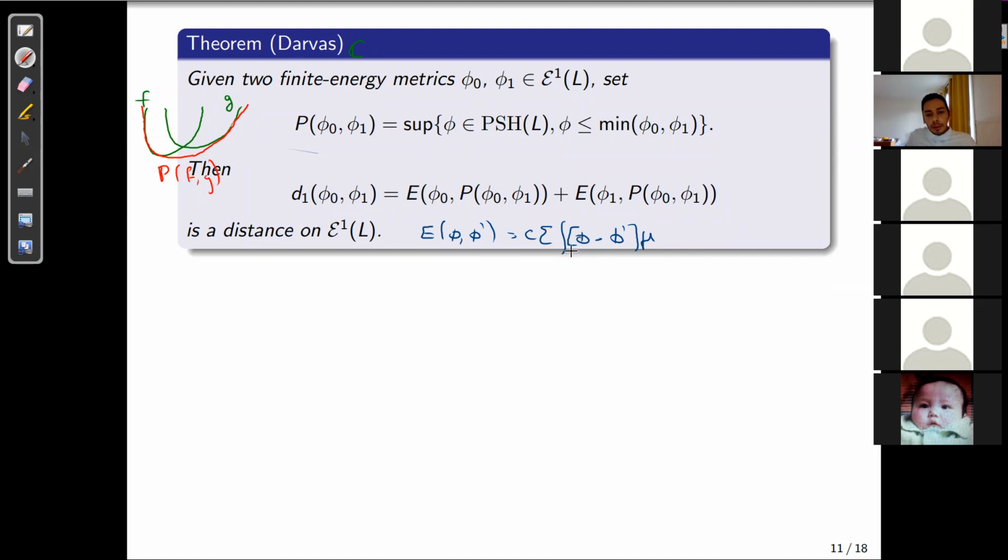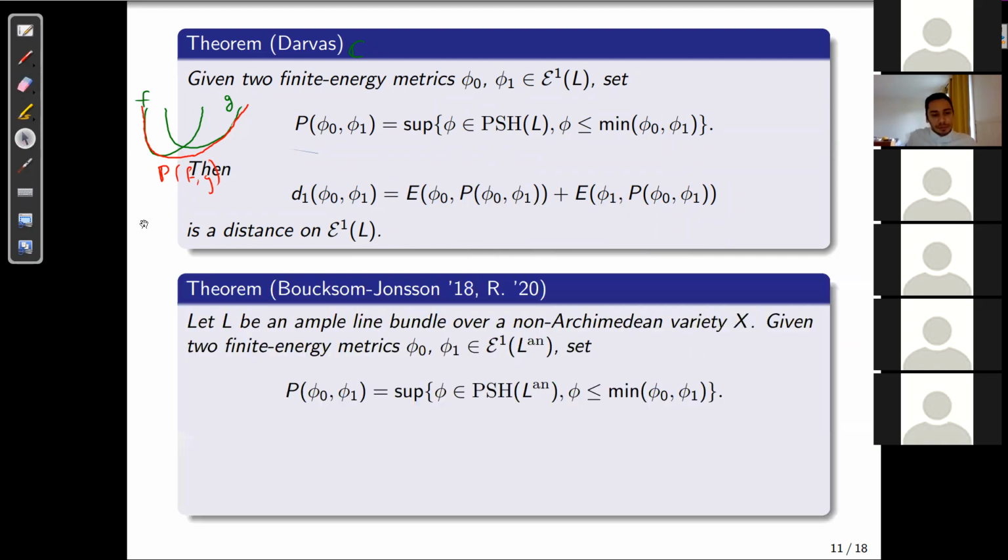And so immediately, if phi is bigger than phi prime, this implies that the energy of phi prime is positive. And by the very definition of the envelope, this metric is bigger than this metric. So both terms here are positive, or non-negative, if you have some different conventions for what you call positive and negative.